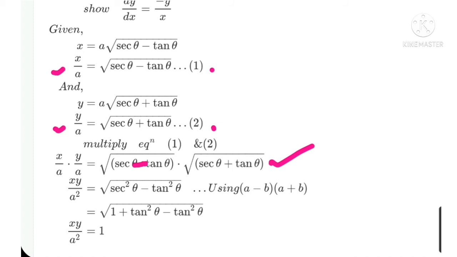So we use this formula a square minus b square. So we get xy upon a square is equal to root sec square theta minus tan square theta.